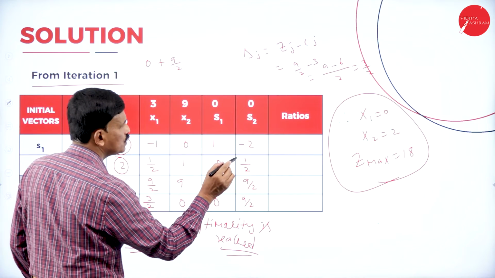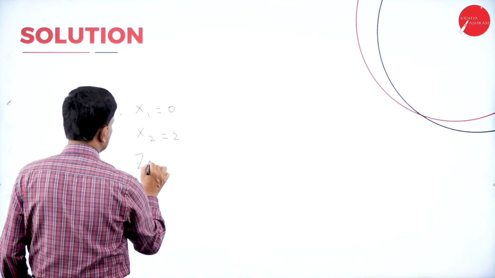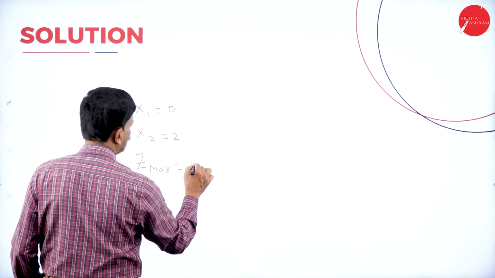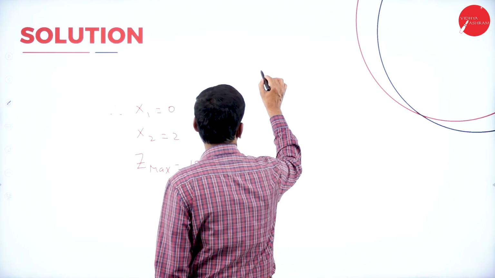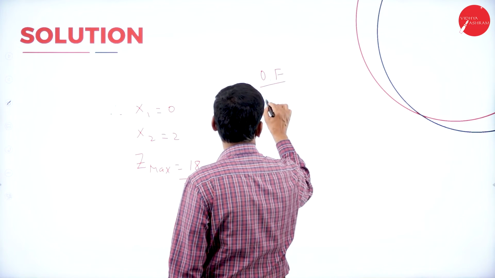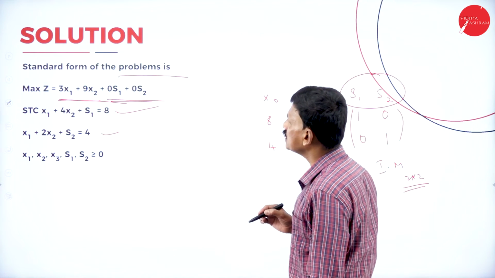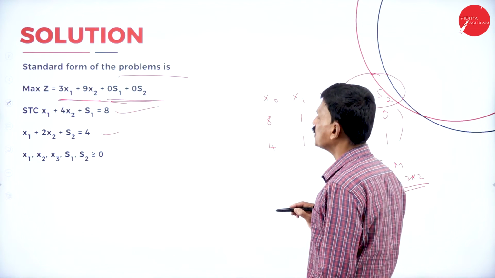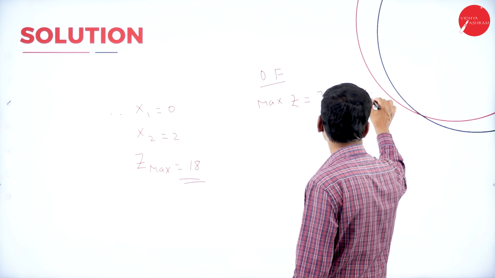So here x1 is equal to 0 and x2 is equal to 2, and the maximum value of z is 18. If you want, you can verify from the objective function. What is the objective function? Maximum of z is 3x1 plus 9x2.